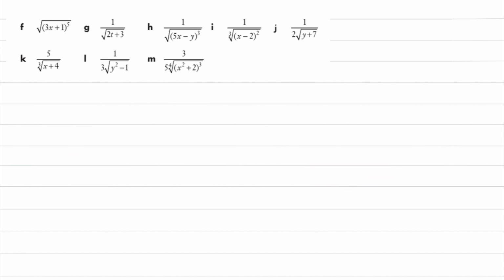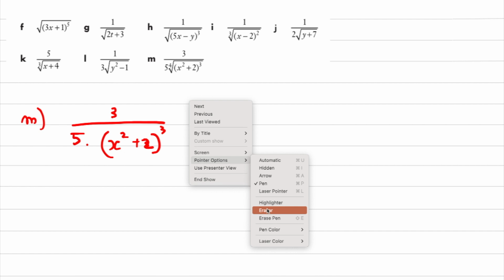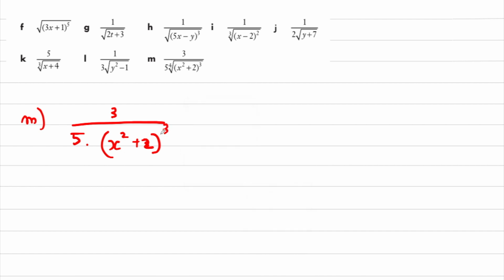And the last one is question M, a little complicated. 3 in the numerator, find the denominator, multiply with this one. And for this writing, you have Q and you have a fourth root. So the power number will be 3 over 4, 3 over 4 like this one.